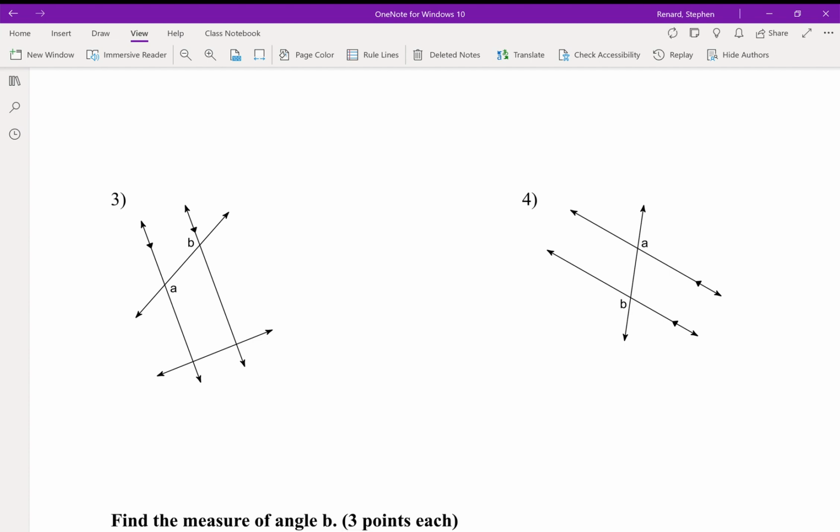And again, 3 is a little weird, not mathematically weird, but just weird from how you would see it. What I would recommend is simply taking your paper and rotating it.